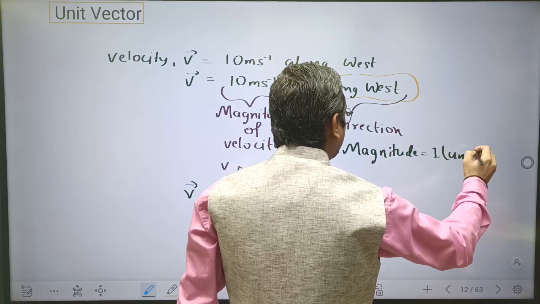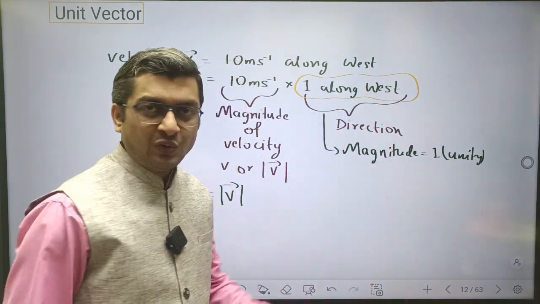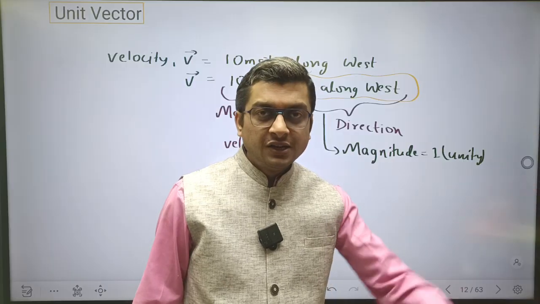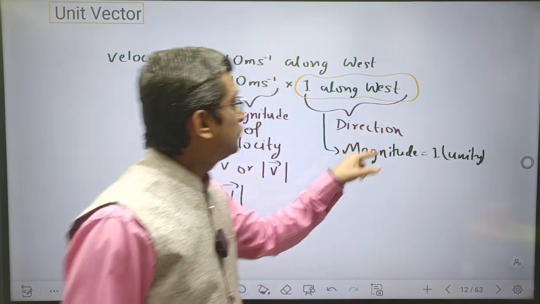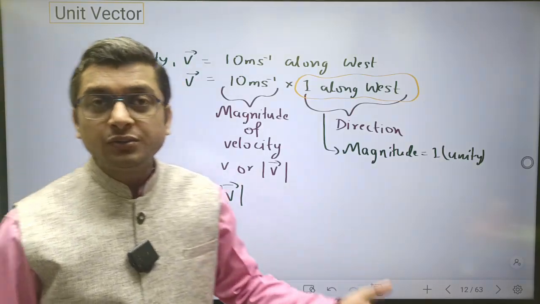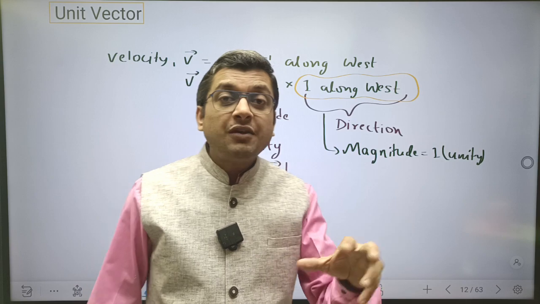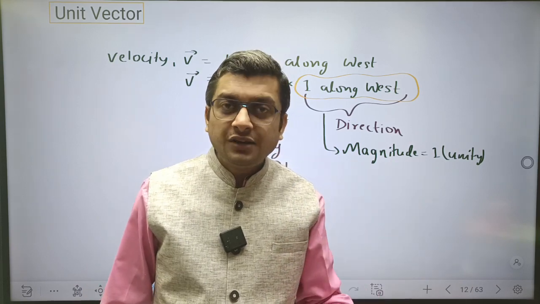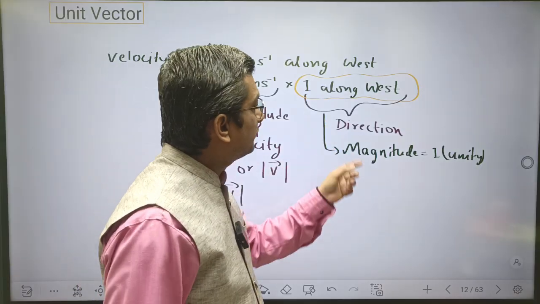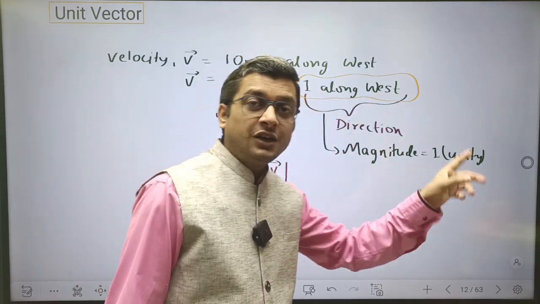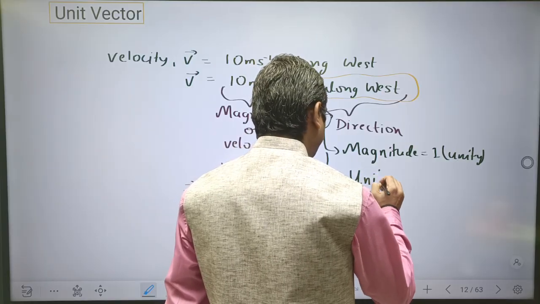That is unity, because we have written 1 along west. So this has direction along west, and its magnitude is 1, that is unity. So that's why this is known as a unit vector.